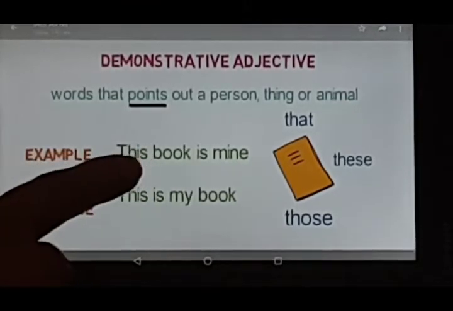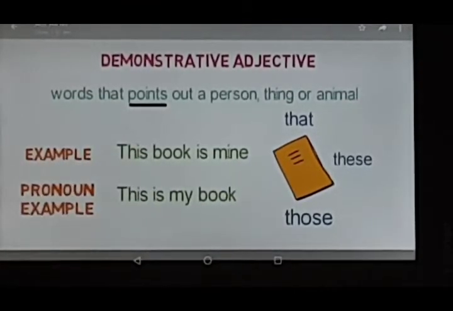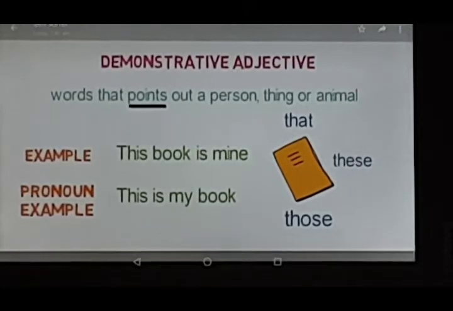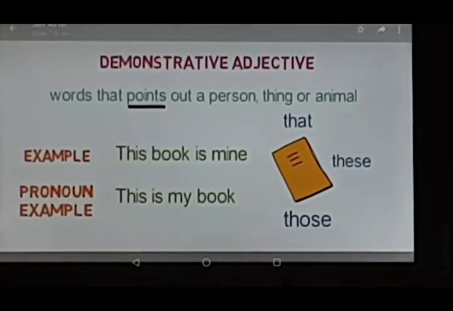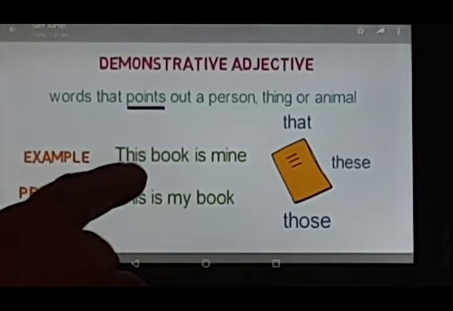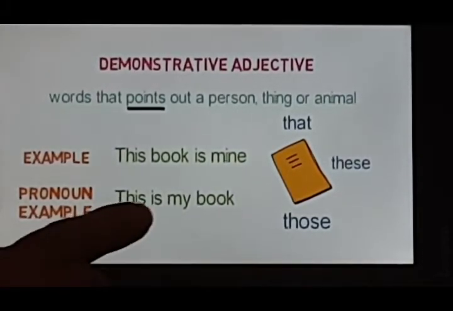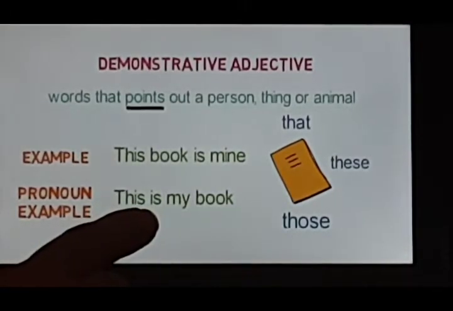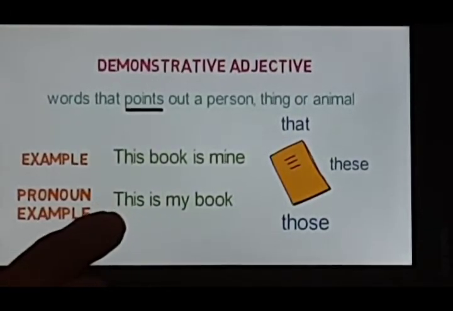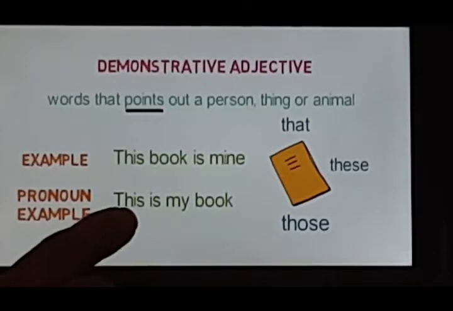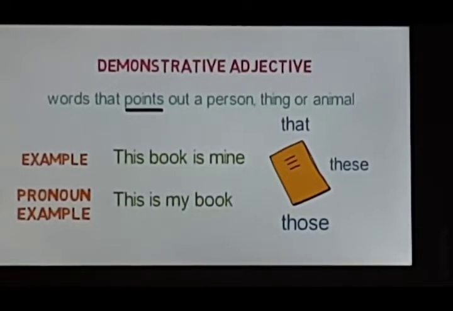So here you can see this book. Book is the noun, and this word here is modifying the book. So here it is used as an adjective, but here it is coming just before a verb, is the verb. So here it is used as a pronoun.